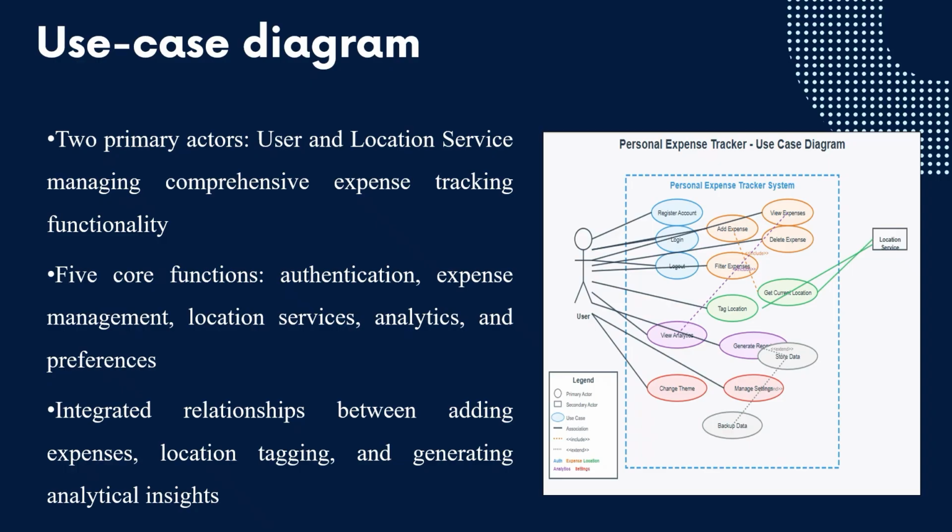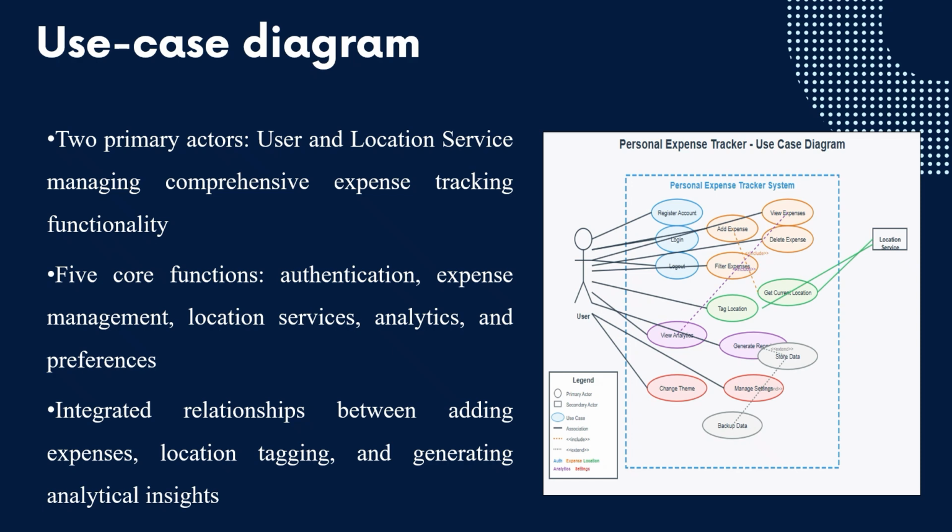The user interacts with authentication procedures such as registration and logging out, and full management of expenses like add, view, delete, filter, and advanced analytics capabilities. Moreover, the location service actor allows GPS functions. We can add locations here and geolocation labeling. The system design allows management of preferences such as customization of themes like dark mode and light mode.